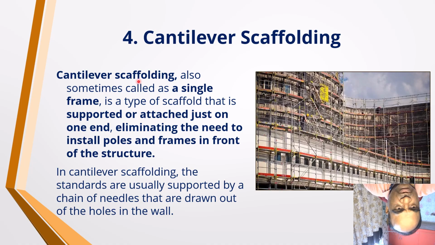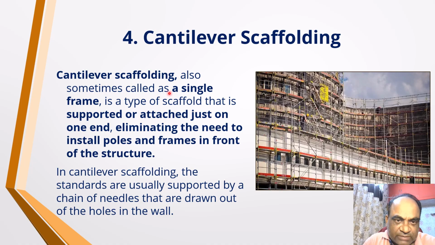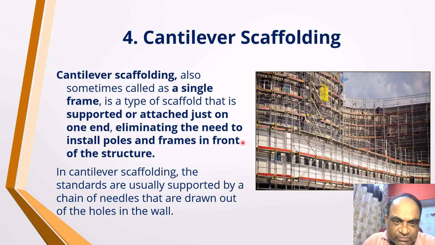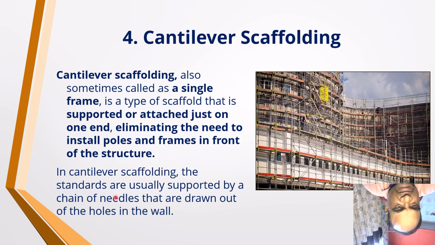Cantilever scaffolding, also sometimes called single frame scaffolding, is the type of scaffold that is supported or attached on just one end to the wall, eliminating the need to install poles or frames in front of the structure. In cantilever scaffolding, the standards are usually supported by a series of needles that are drawn out of the holes in the wall.